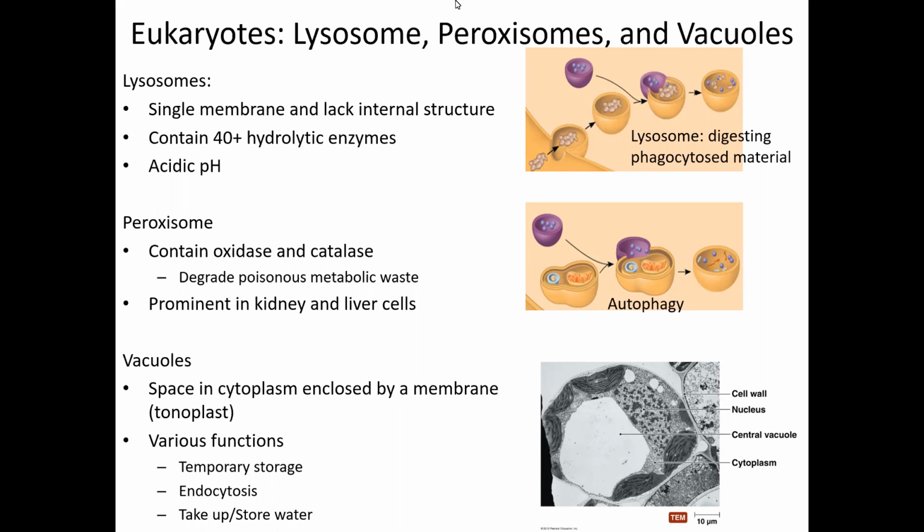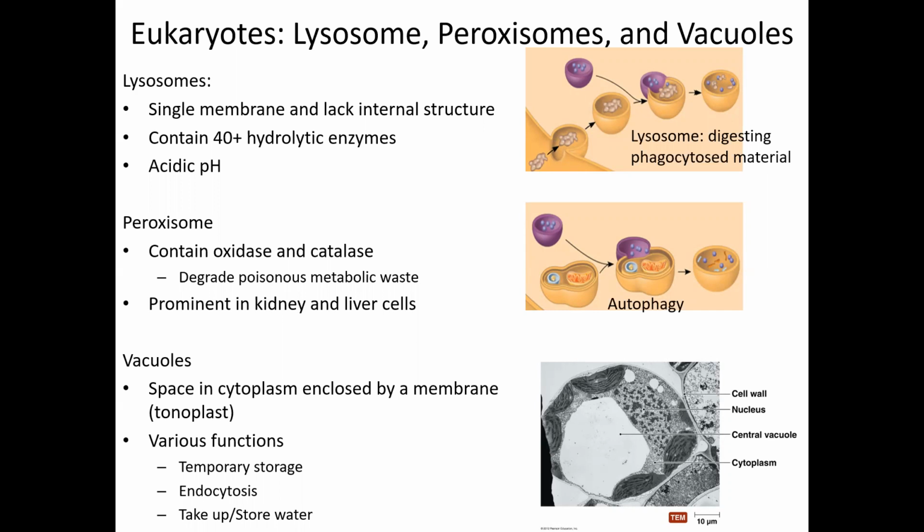So the peroxisome contains the enzyme catalase, which converts hydrogen peroxide to water and oxygen, which are safe for these specific kinds of cells. So they take toxic molecules, convert them into another toxic molecule, hydrogen peroxide, but then they immediately convert it into non-toxic molecules like water and oxygen. You typically find peroxisomes in kidney and liver cells.